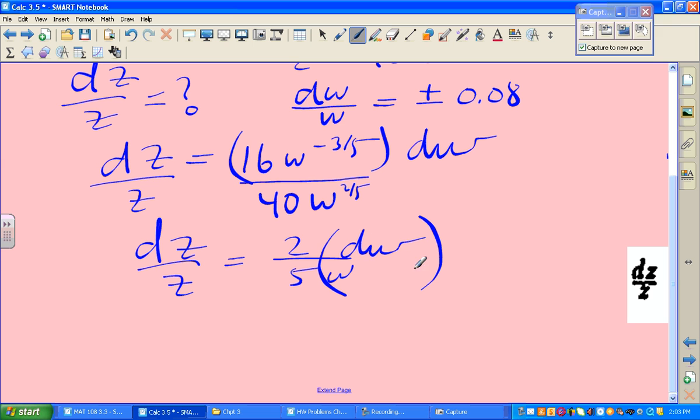Now in place of this whole fraction, you can put in plus or minus 0.08 times 2/5. You don't have an actual value for W or Z. You just have an average error for W.